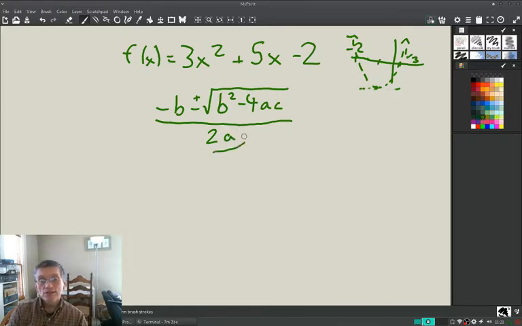So actually this first part is the x-coordinate of the vertex. You see, you're adding and subtracting this off, so your points are going to be symmetric, plus or minus something. You're adding the same amount back and forth, so your vertex is going to be in the middle of that.